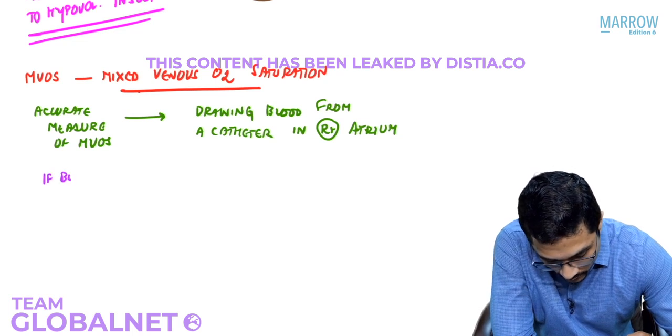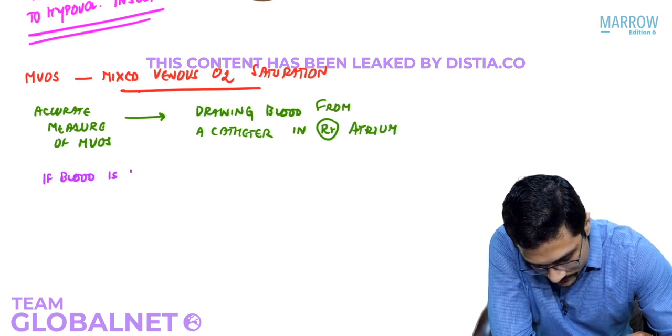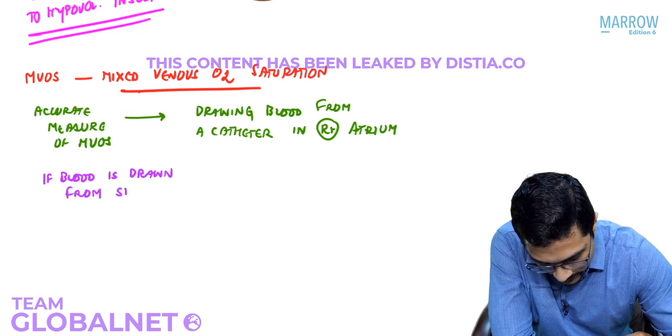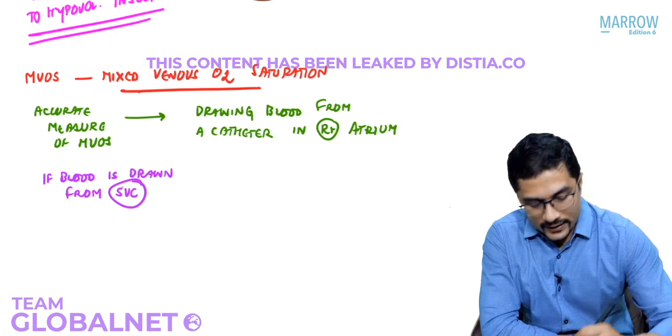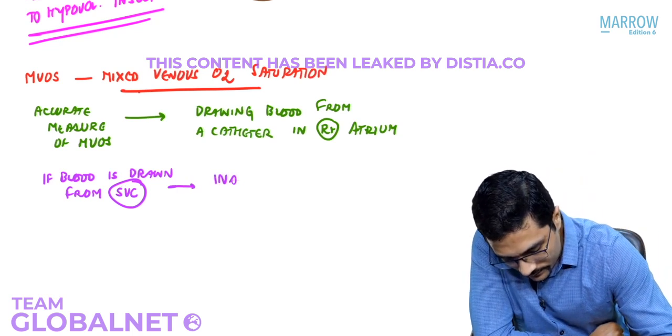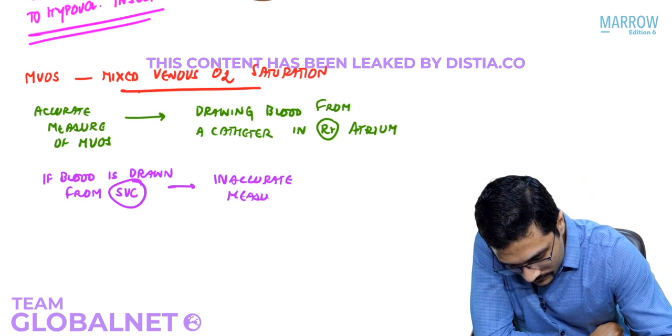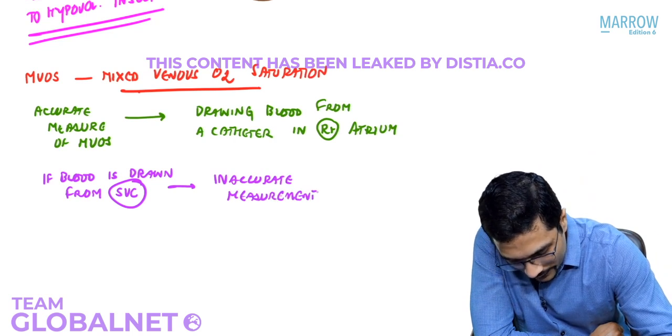If blood is drawn from the superior vena cava, you can get an inaccurate measurement. Why?